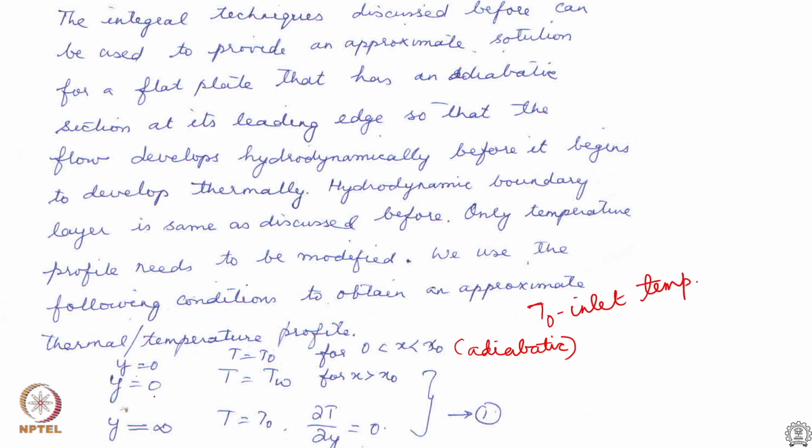At y equal to 0, after x naught, we have the wall temperature prescribed, and this T wall, for the sake of discussion, is assumed to be greater than T naught.